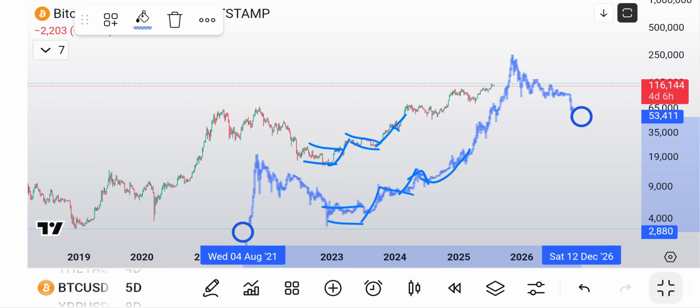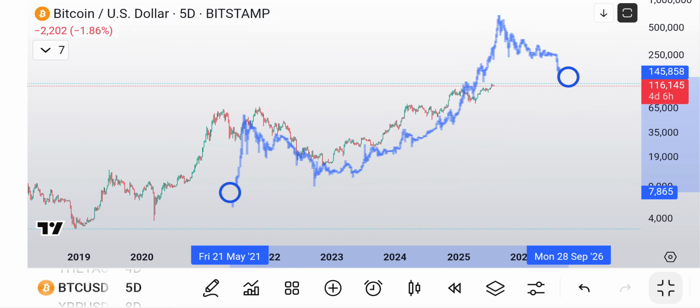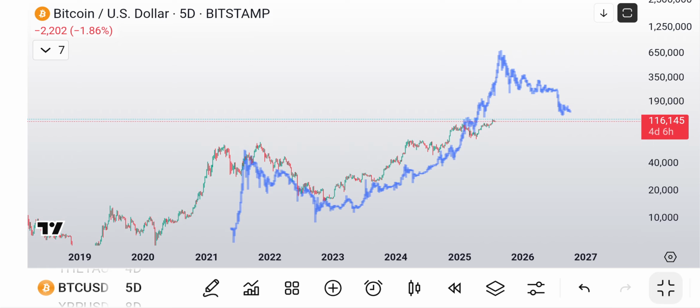Got this little bit of a run up here, right? You pull back again, another run up, pull back again, and then that final run up. So I guess, yeah, it makes some sense that we would be close. So there it is from a fractal perspective.